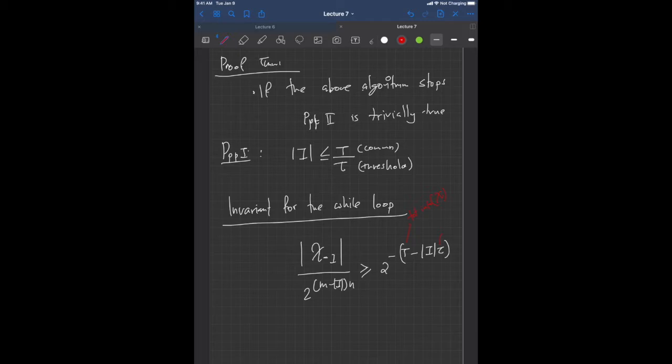Because we are projecting those rows away, the information in this set was initially 2 to the minus t of the universe, and now it should come down by at least that factor, so at least 2 to the minus t minus the number of revealed rows times tau.